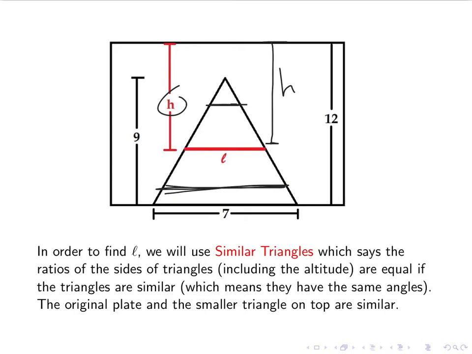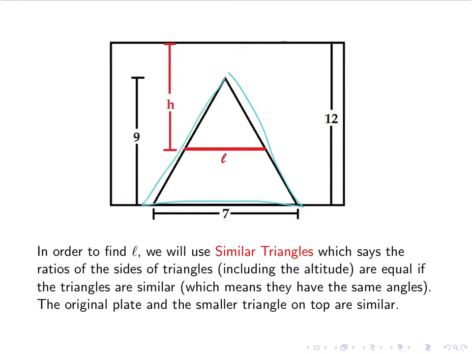Okay. So what we're going to do is look at the fact that we have two triangles here. So I'm going to erase what I just drew in here. And we have two triangles: the original triangle, and then we also have, in a different color, this triangle here.